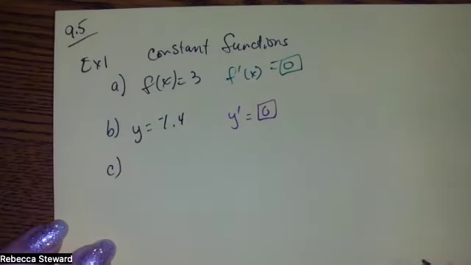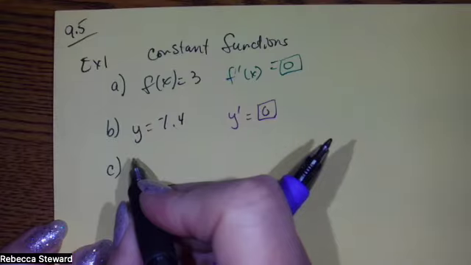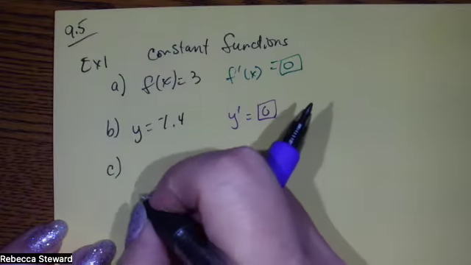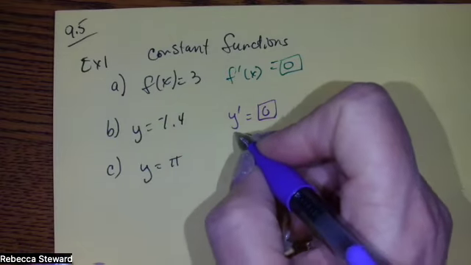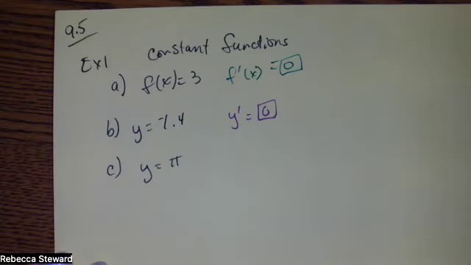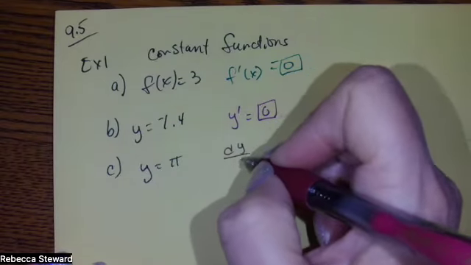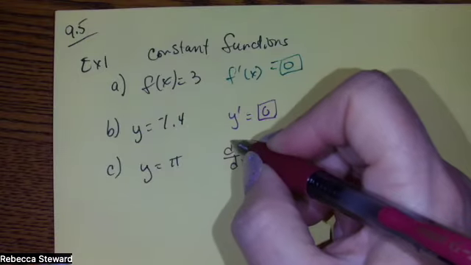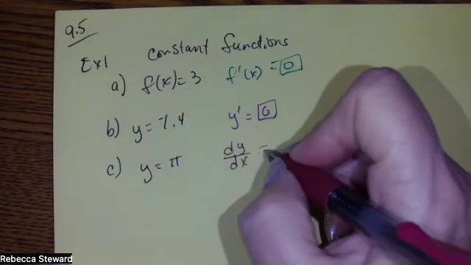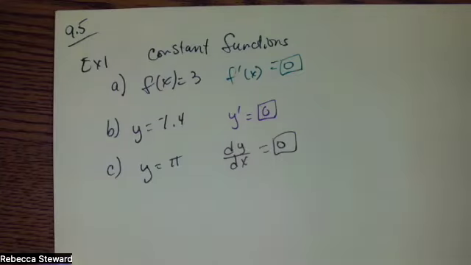If we look at C, then we have y is equal to pi. Now, pi is still a constant. It is a never-ending one, but it's a constant value. We can write this as dy dx, the derivative of y with respect to x, is still equal to 0.